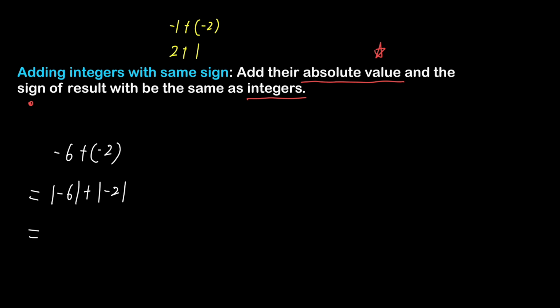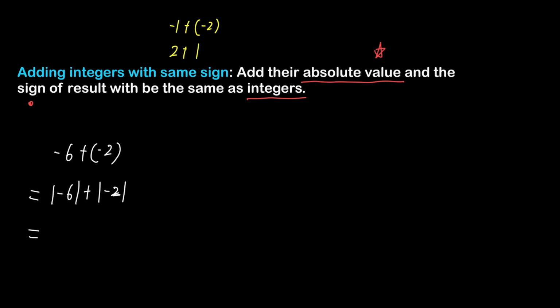And remember, we just learned in the previous video, absolute value means the distance between 0 and the number. The quicker way to think about it is whenever you see the absolute value, just get rid of the absolute value sign and the negative. So the result will always be positive, whether it's negative inside this symbol or not.